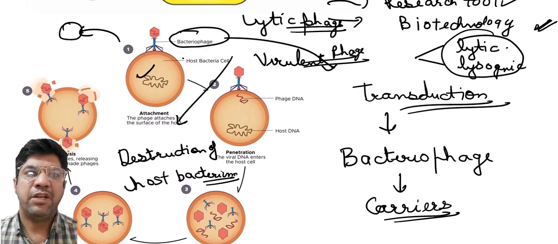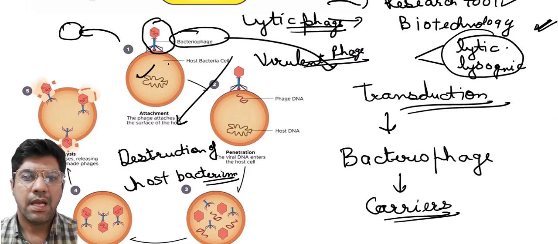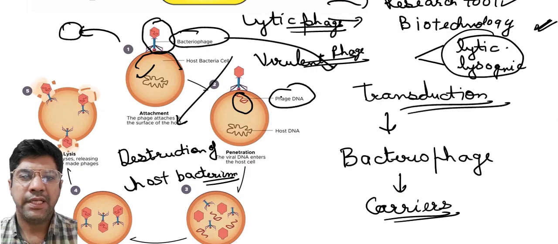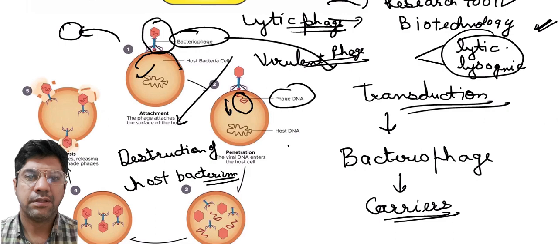The bacteriophage would come and attach to the surface of the host bacterium. In the second stage, the phage would inject its genetic material, usually DNA, into the host cell.